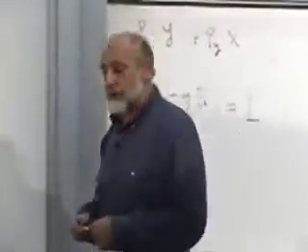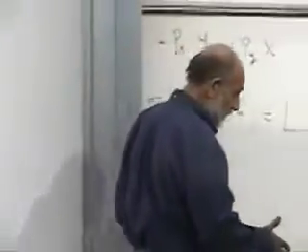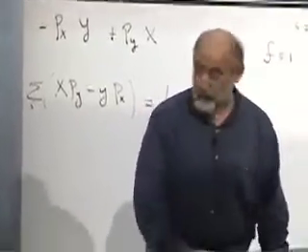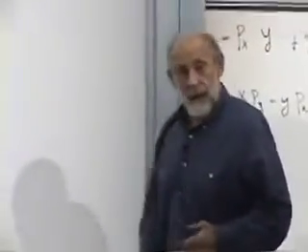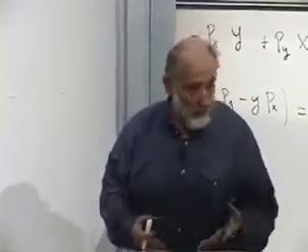Now, the assumption is that nothing in the laws of physics or in the problem that you're doing depends explicitly on time. You can imagine situations where things do depend explicitly on time. For example, again, it usually has to do with looking at parts of a system.